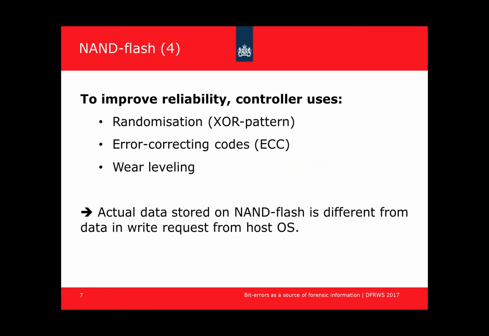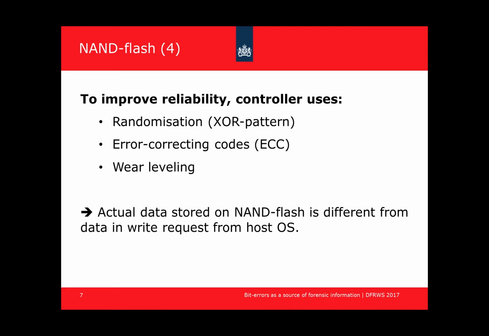Now, the NAND flash memory itself is an unreliable storage medium. In order to make good use of it, vendors have taken some measures to increase reliability. We also heard something about that in the workshop yesterday. Most vendors use randomization, which means that data is randomized before it's written to NAND flash.